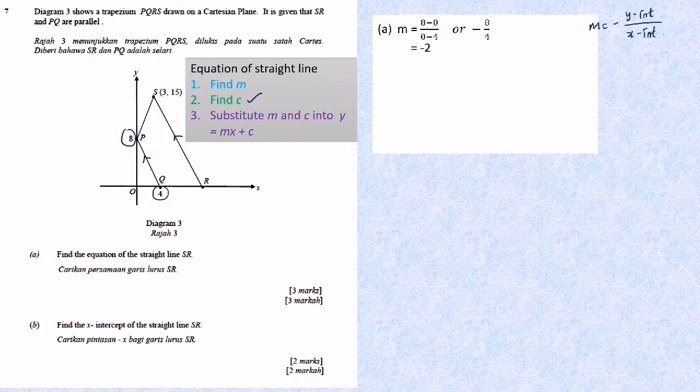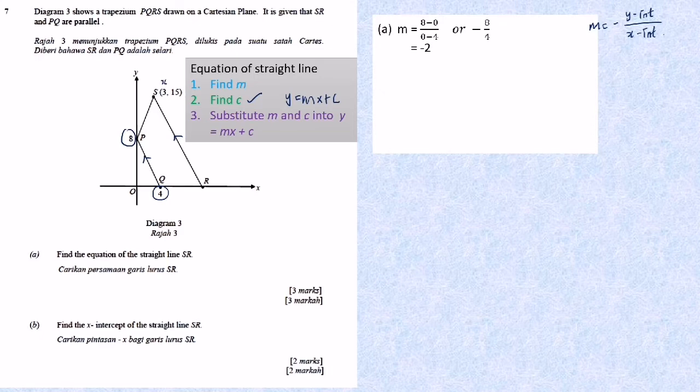Okay, how to find the y-intercept? We use y equals mx plus c, and you must find a point on the straight line SR as the value of x and y.